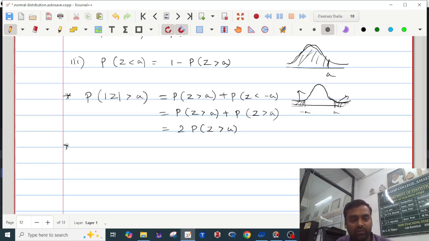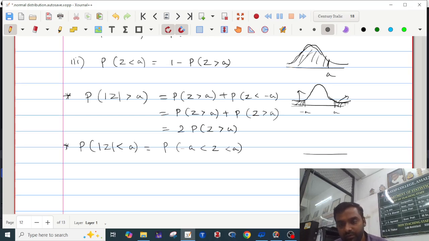Suppose someone wants to find out the probability of mod z less than a. Mod z less than a means probability of minus a less than z less than a. Between minus a and plus a, it is the in-between probability.